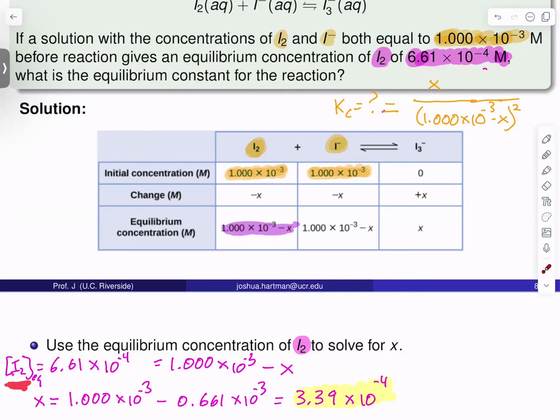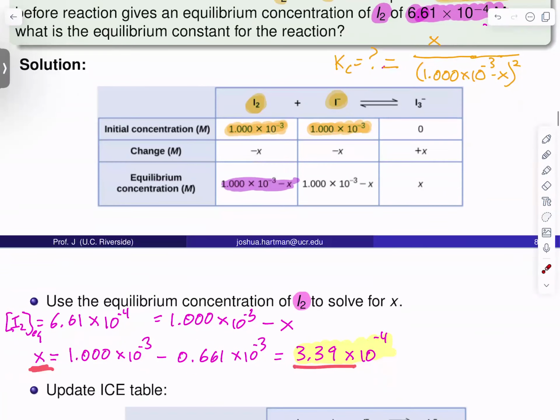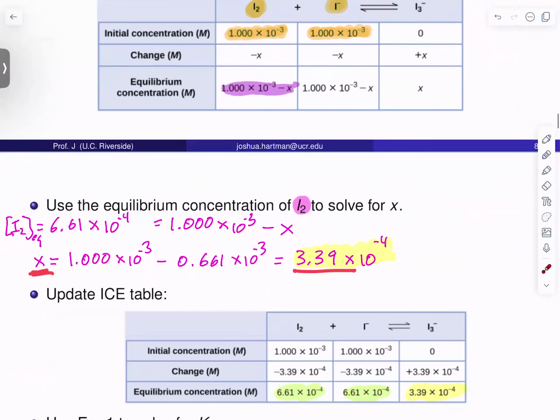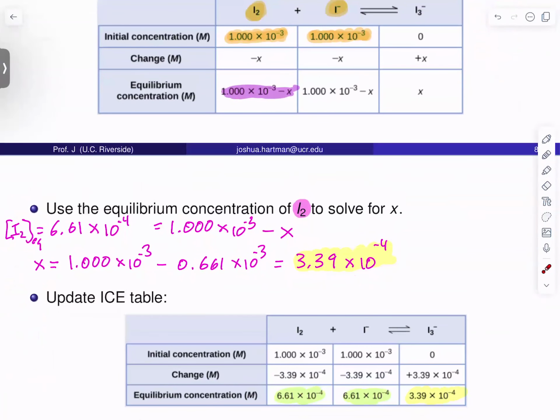We can say the I2 concentration at equilibrium. I like to do concentration in the subscript EQ to denote at equilibrium. And that is going to be given by the 6.61 times 10 to the minus 4, which is going to be equal to the 1 times 10 to the minus 3 minus X, which of course allows us to solve for X.